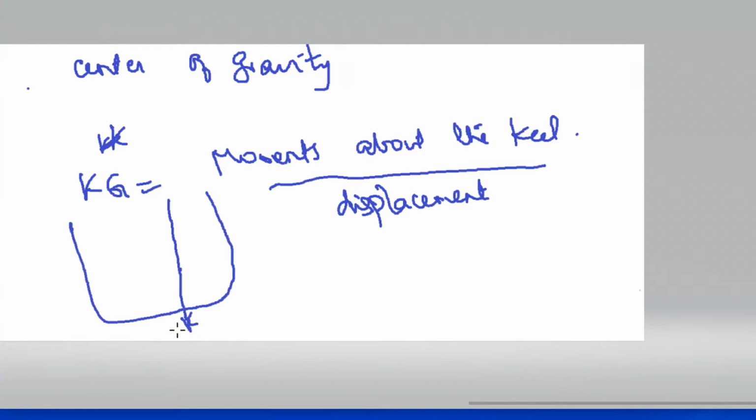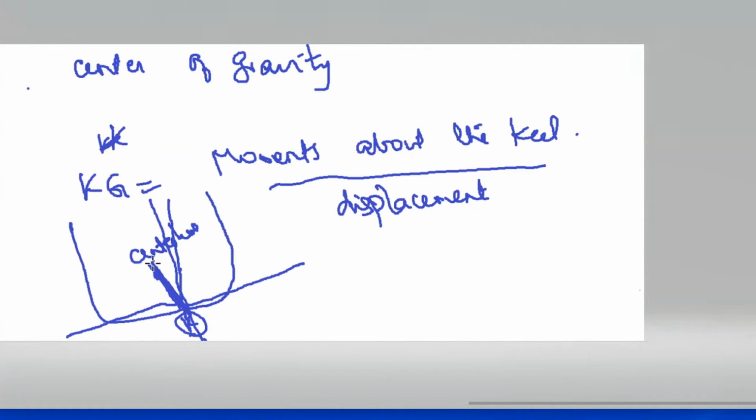This is the keel. So you can have moment about this or moment about this. This is the center line. That's why I said there are two kinds of center of gravities. One is VCG, as I told you, the distance from the keel, the vertical position of the center of gravity.